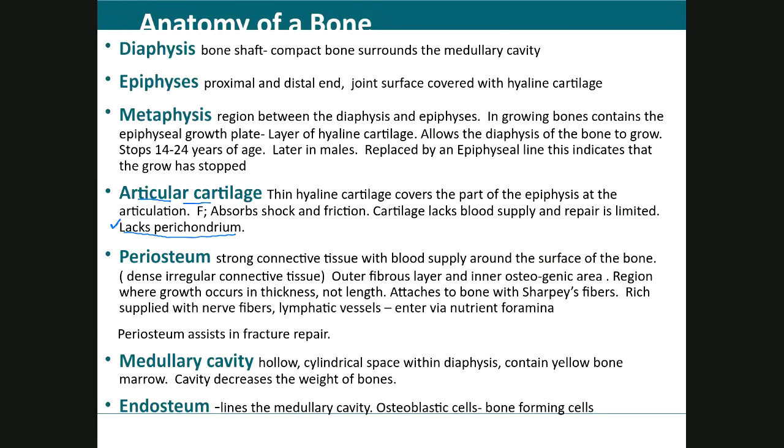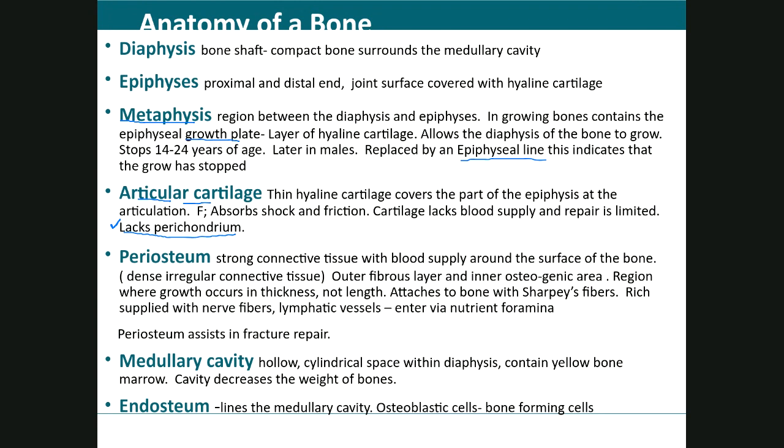In between the diaphysis and the epiphysis, there's a region called the metaphysis, kind of in the middle. This is a region that contains either the epiphyseal growth plate or the epiphyseal growth line, so you have to differentiate one from the other.